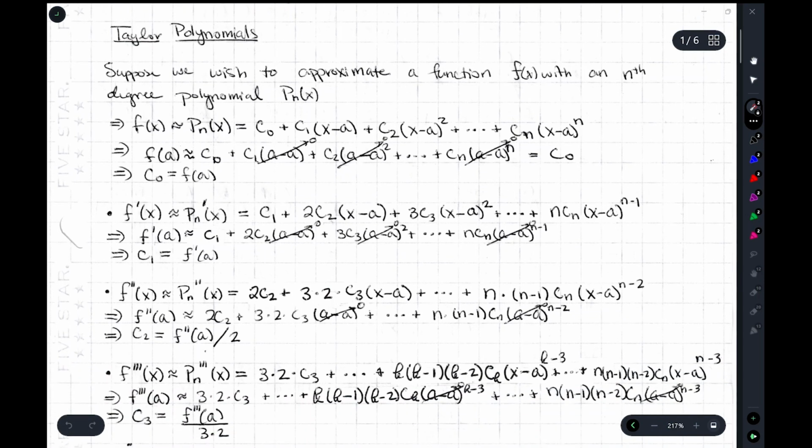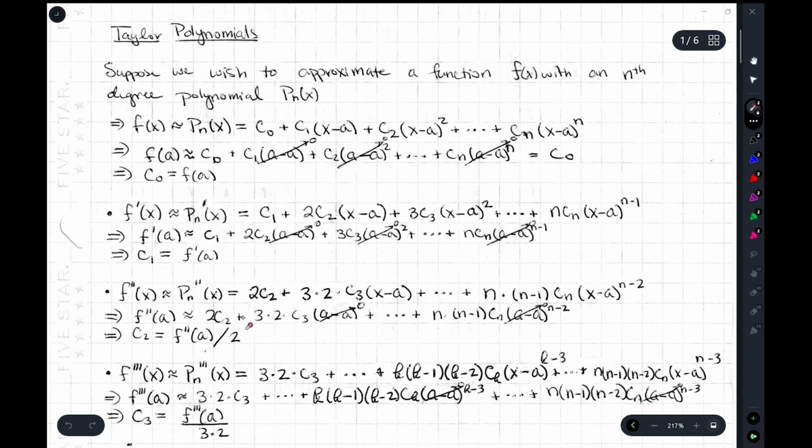We then take the second derivative. Once we take the second derivative, again we have this now 2c_2. This 2c_2 comes from what's left when we take the derivative of that first term. The c_1 doesn't survive the derivative, it's a constant.